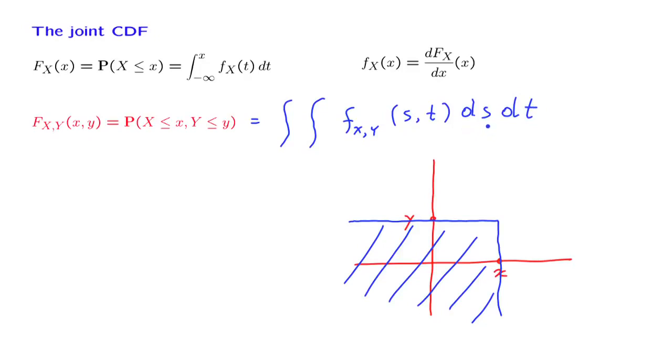What is the range of the integration? The first variable, which is s in this integral, ranges from minus infinity up to x. And the other variable, which is the one that we're integrating with respect to in the outer integral, the t variable, ranges from minus infinity to y.